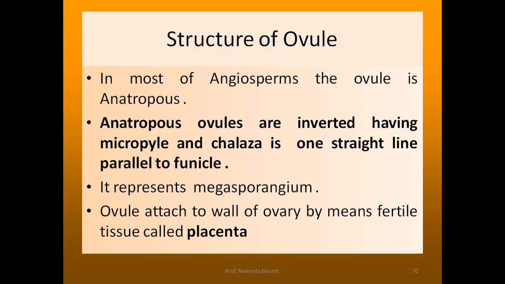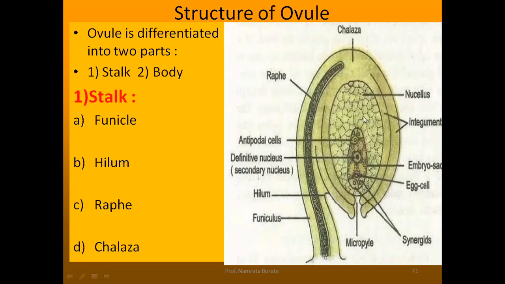Next, we see the structure of ovule. In most angiosperms, the ovule is anatropous. That ovule is inverted. The ovule represents the megasporangium. What is an anatropous ovule? These anatropous ovules are inverted, having micropyle and chalaza in one straight line.